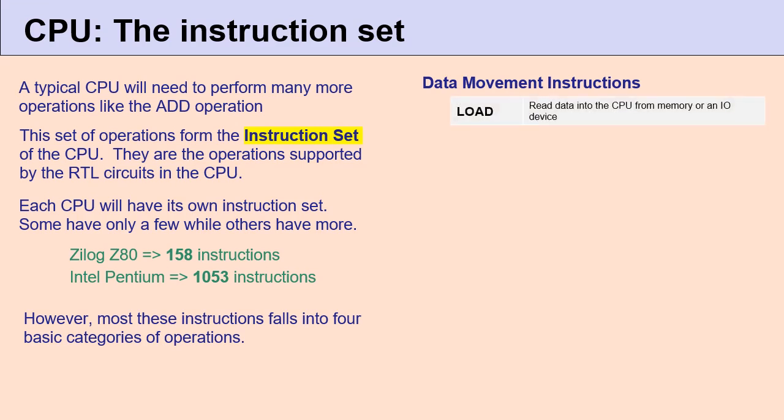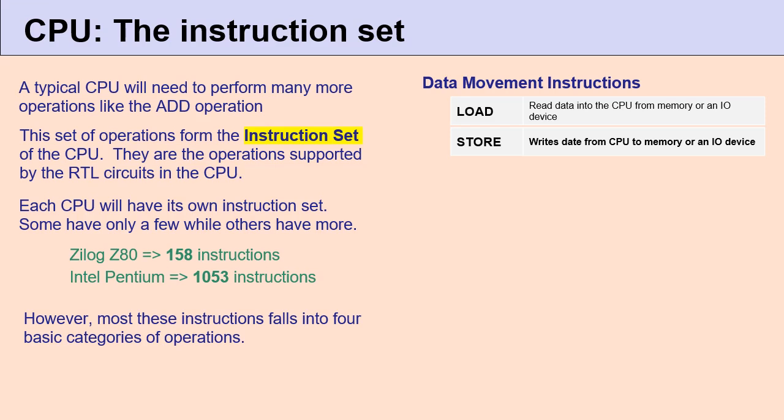The load instruction is used to, as the name implies, read a value from outside the CPU and bring it and store it in a register inside the CPU. The place outside the CPU can be either memory or typically an input device, like for example the keyboard. Similarly, in the same category, there will be an instruction commonly referred to as the store instruction, which works in the opposite way of the load instruction.